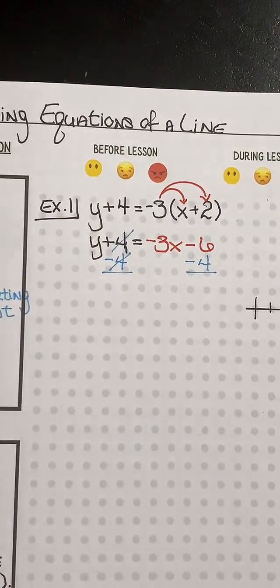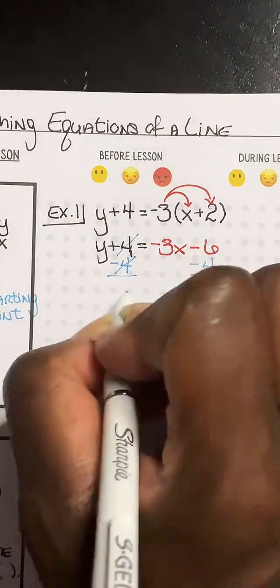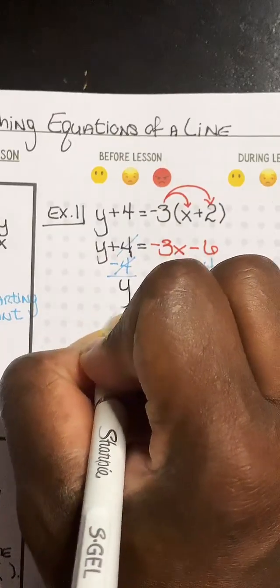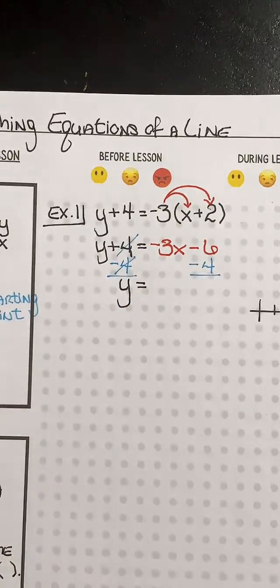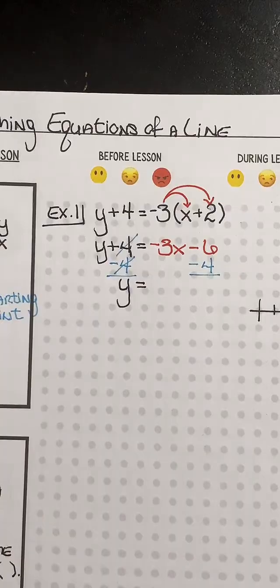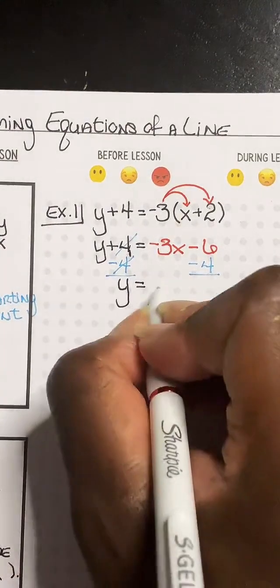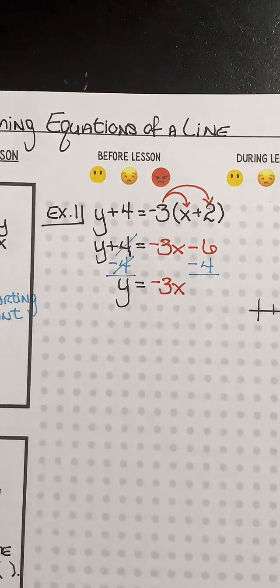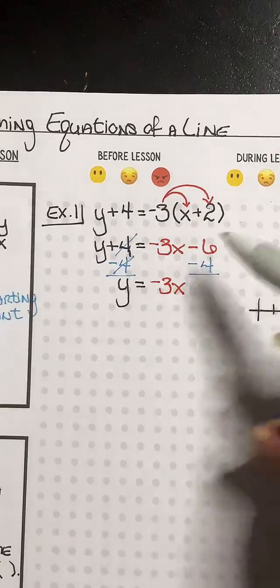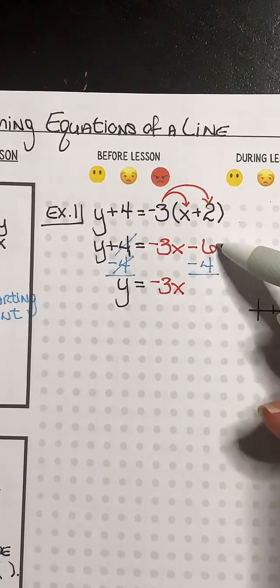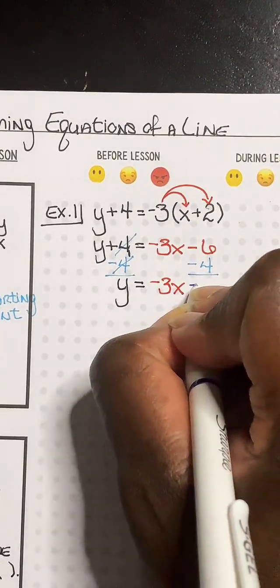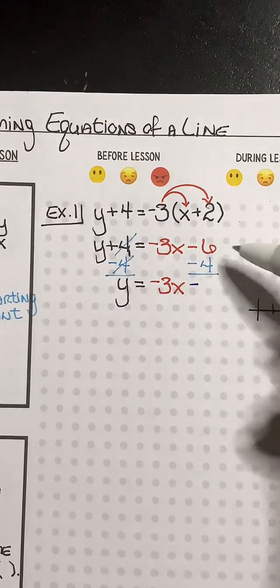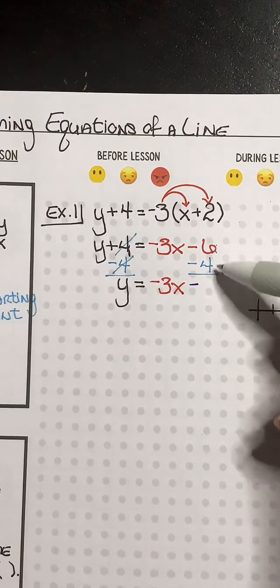I don't need that 0 as a placeholder because I still have a y over here. So now I have y equals negative 3x, and then we have negative 6 minus 4. They're both negative, so that negative sign is dropping down, and we're going to add those two together.